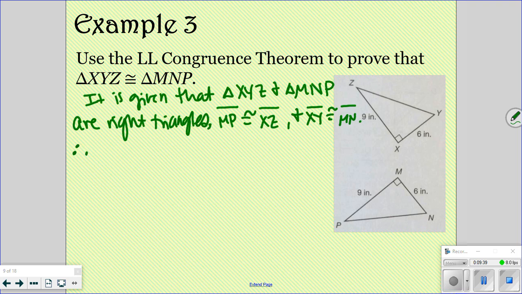Therefore, the triangles are congruent by the leg congruence theorem. So that would be all you would need to put there.